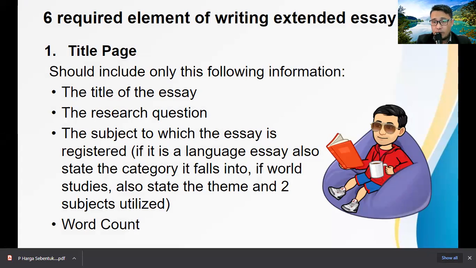So the scope of your topic, make it more specific, focused and clear, so that is what we call the research question, and then continue with the subject to which the essay is registered.